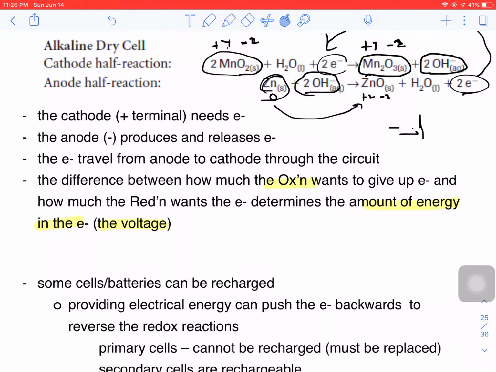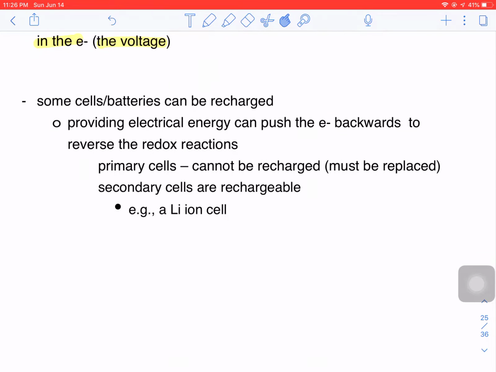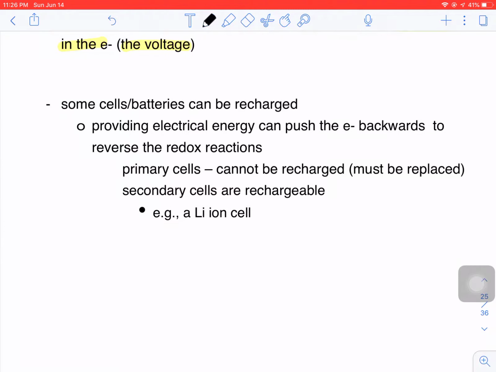Now lastly, we know that some cells and batteries are rechargeable, like the ones in our phones and our laptops. Basically, I provide an outside source of energy to push the electrons in the opposite direction. That reverses the redox reaction and generates back the reactants I had originally.